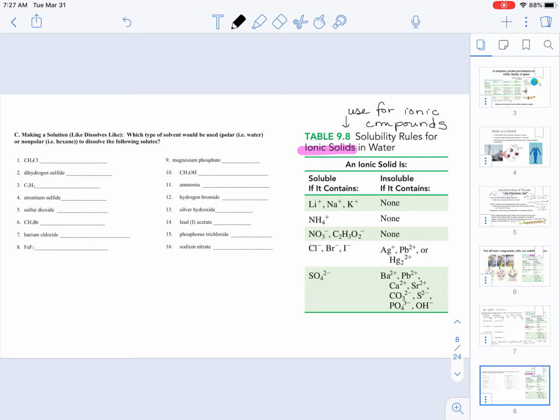So as you can see here, in part C, you're trying to determine the solvent, and your options of solvents are going to be water as your polar solvent, and we have hexane as your non-polar solvent.